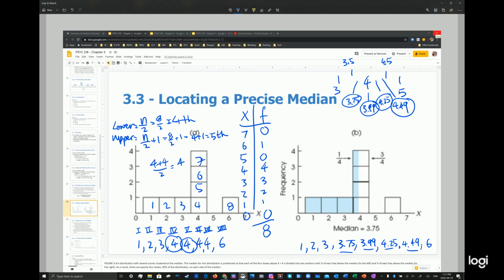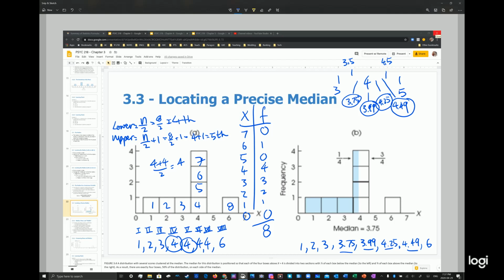It would not be balanced. So for us to do this, we need to determine what value, and we can go back here, we need to determine the number that is needed to get 50%, and then the number of people or scores that is in that interval.